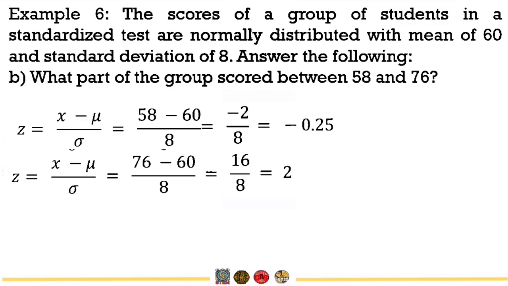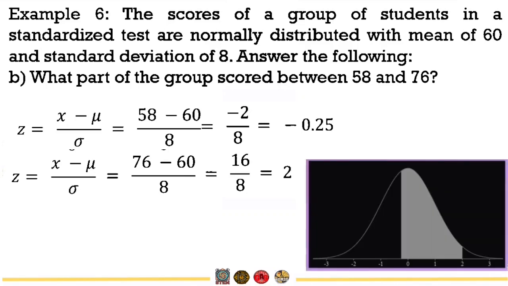So the corresponding area of negative 0.25 and 2 are, first, let's illustrate so that we can have an idea of negative 0.25 to 2. So what do we do with the corresponding area of the z value? 0.0987 and 0.4772.